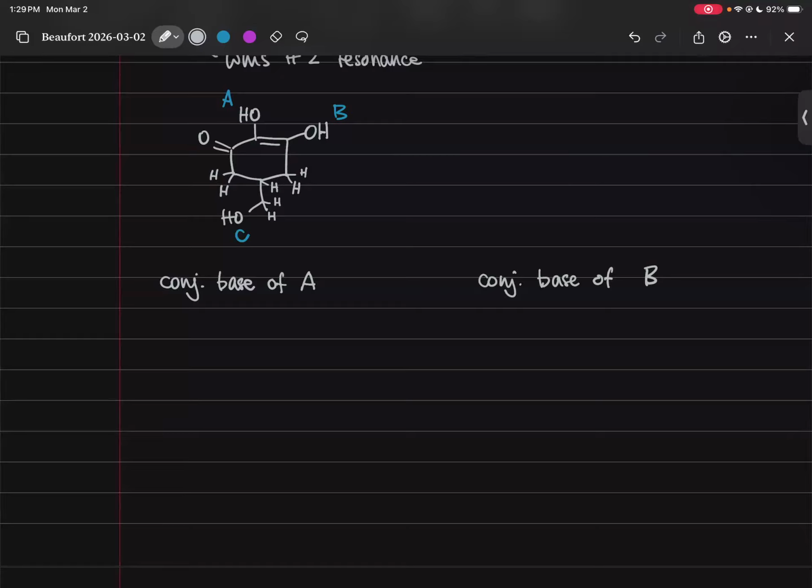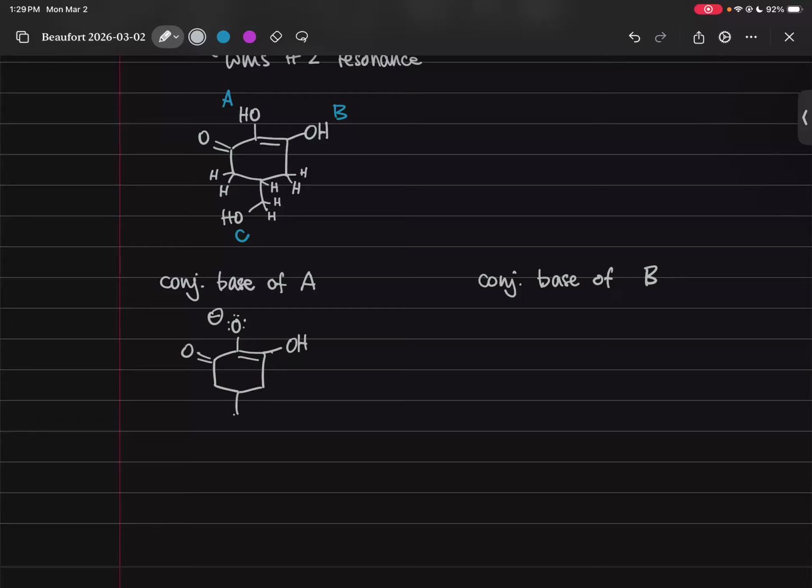What we're saying is, I'm going to draw the conjugate base of the molecule wherein A is deprotonated. B is still going to be there with an OH, but A is now going to become an O minus.